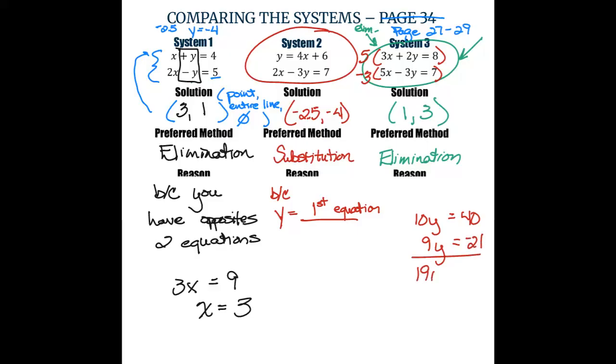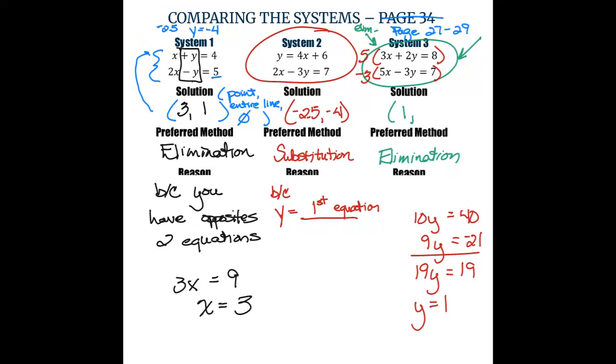That gives me 19y equals 19. So that gives me y equals 1. Oh, that one might be 1 and 3. Let's see. No, so it's not 3. 1 and 2? I don't know if that works, though. For the second equation, 5 minus 6 is not negative 7.